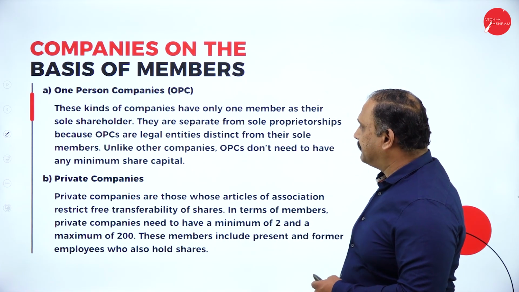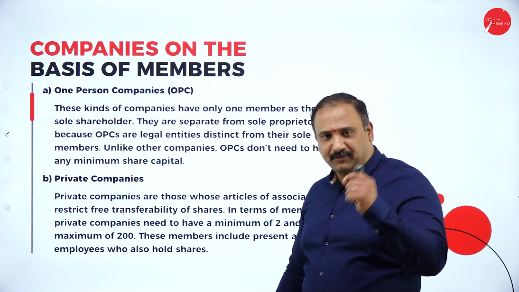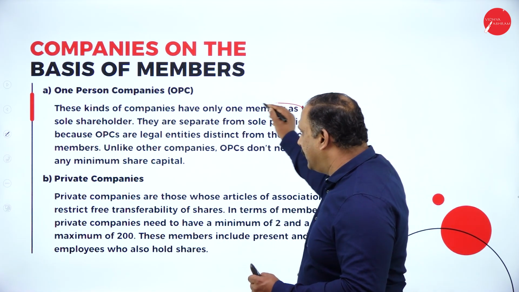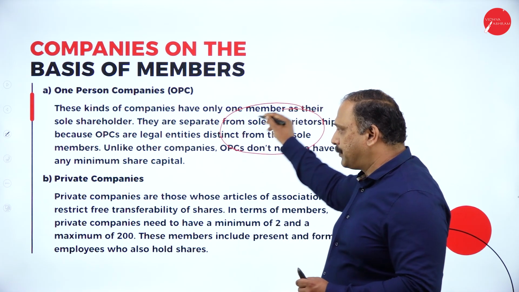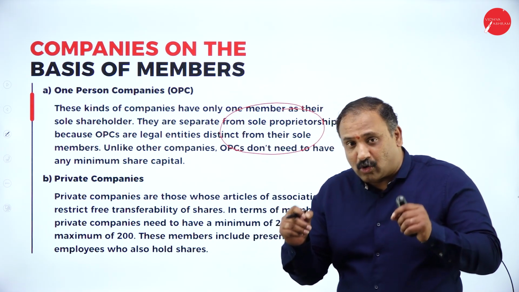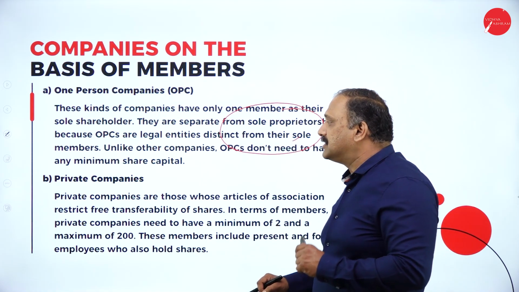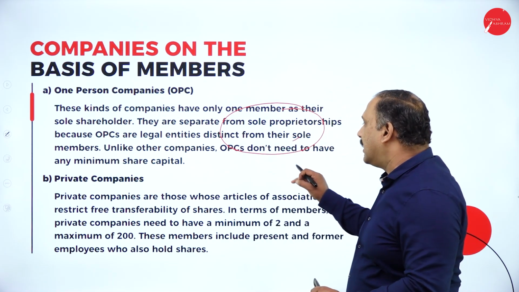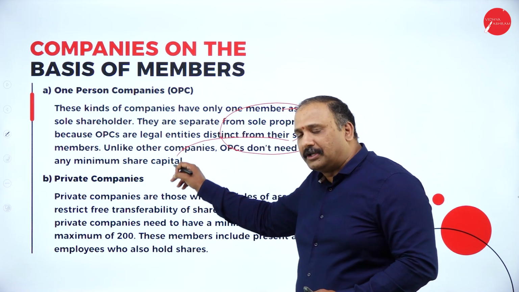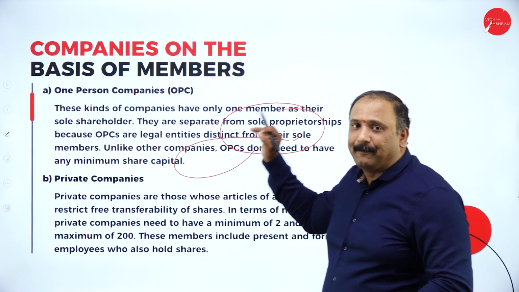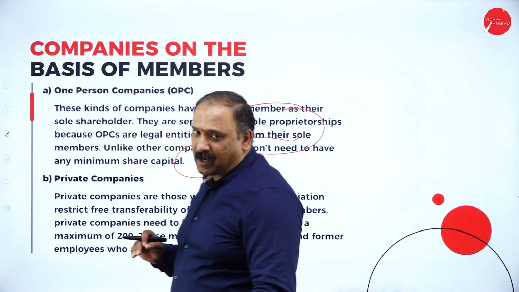Now let's get on to something called a one-person company, where you have only one member and they are separate and they are a sole proprietorship. OPCs are also considered to be legal entities and they're distinct from their sole members. Unlike other companies, OPCs do not need to have a share capital or any kind of premium coming into picture.